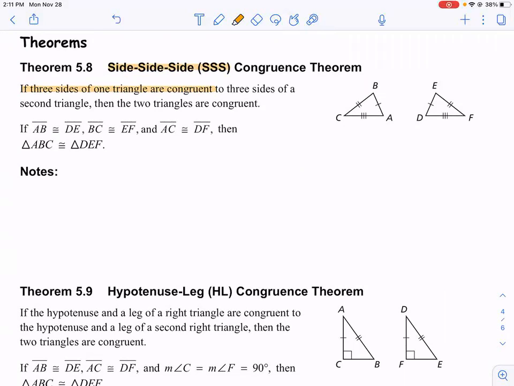Literally, if all 3 sides are congruent to all 3 sides, your 2 triangles are congruent. Same triangle, same shape, same size. Okay? So here, side, side, side. Is that okay?